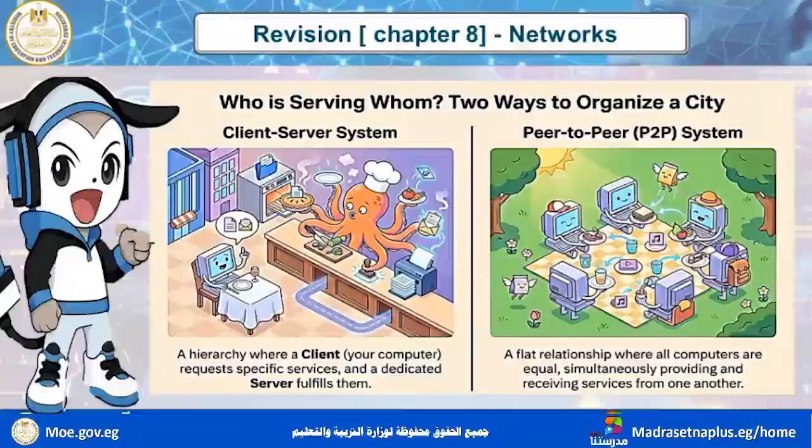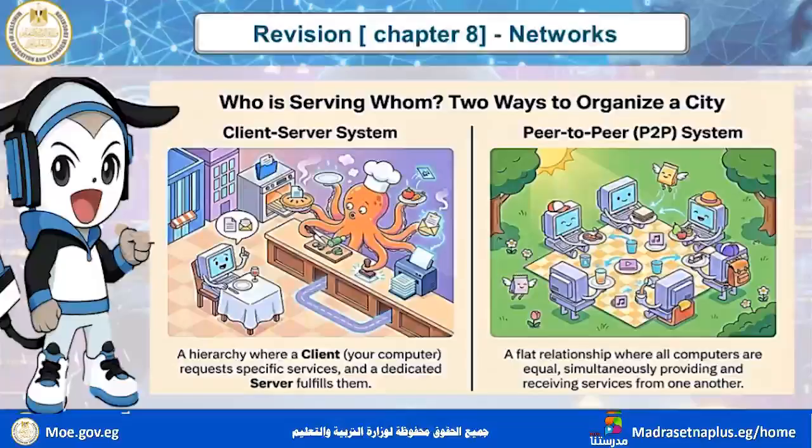Who is serving whom? We have two ways to organize a city, to connect computers or PCs together. We have two types of connection. The first one is client-server, in which a server has a different role than a client, where the server manages a dedicated network.